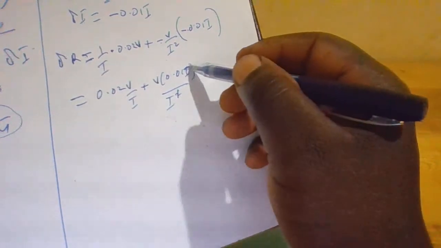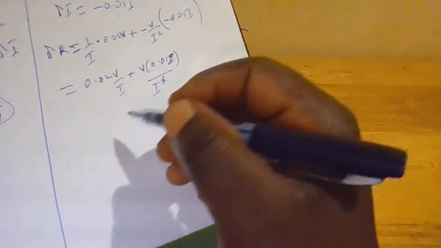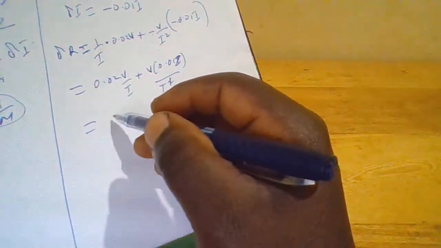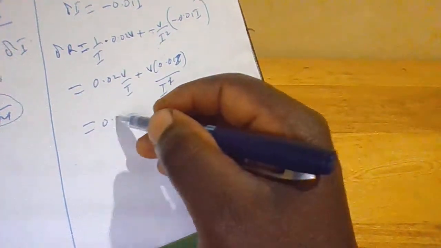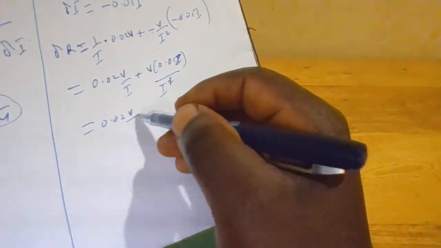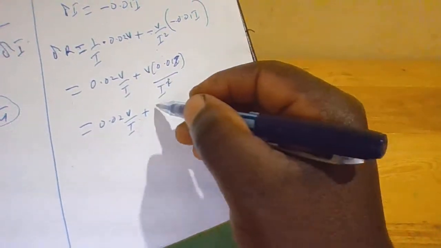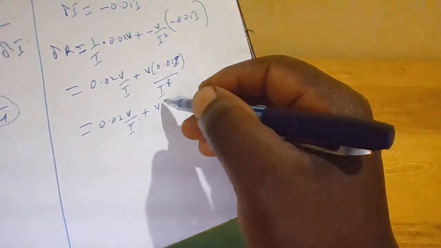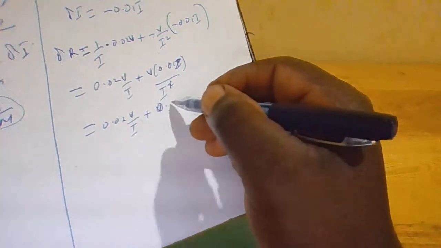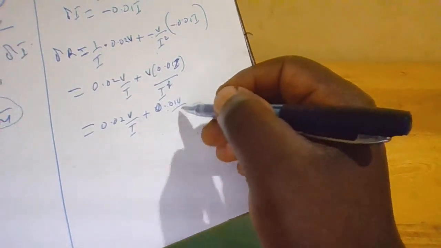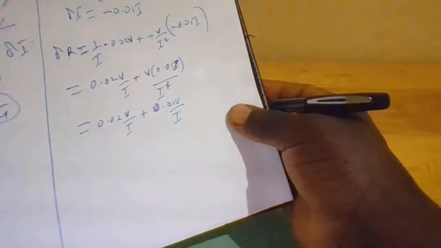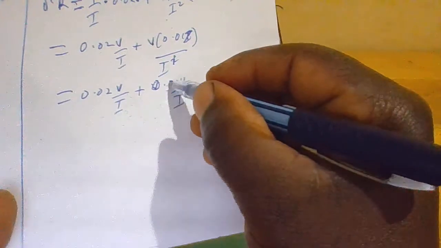One factor of current will cancel, so that we remain with 0.02 V over current plus 0.01 V over current.